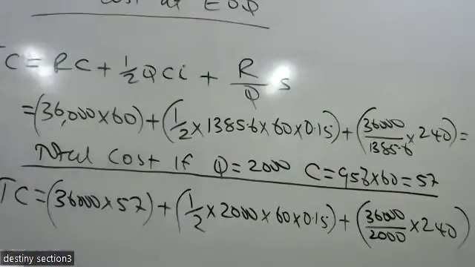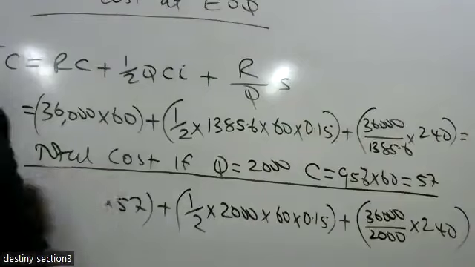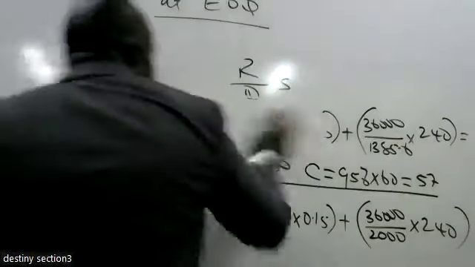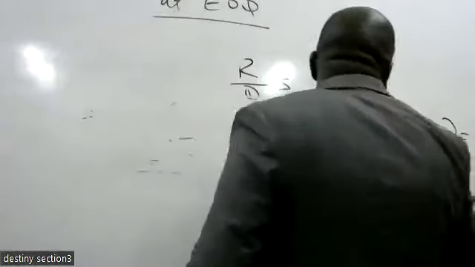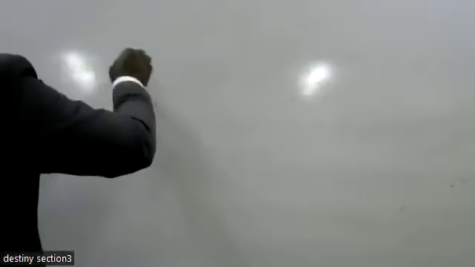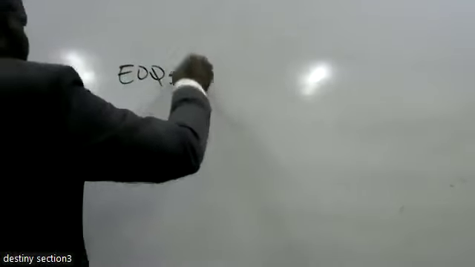So first, get the economic order quantity, then get the total cost at economic order quantity, then compare that with what you will get when it comes to giving a discount. So we start by calculating economic order quantity.